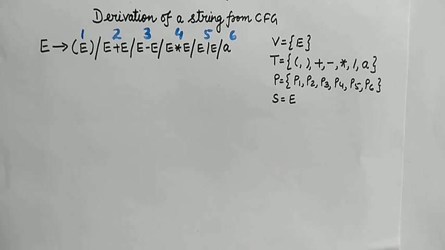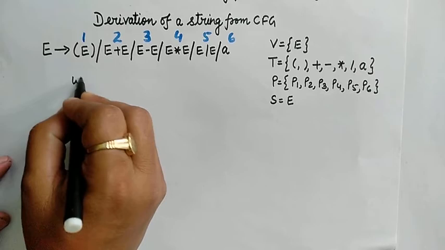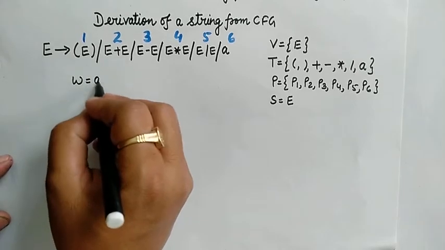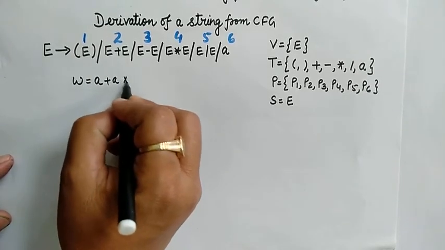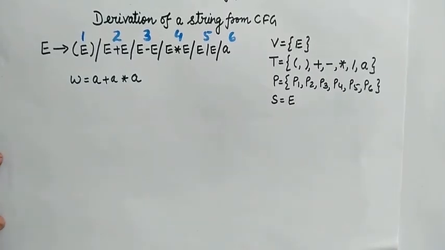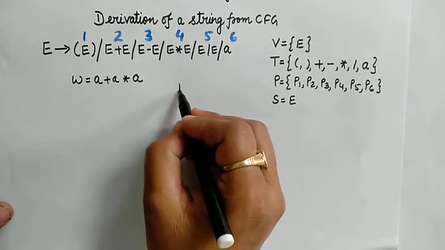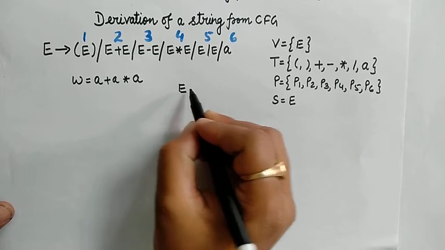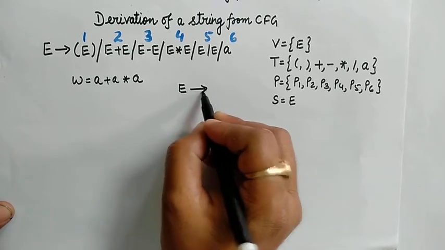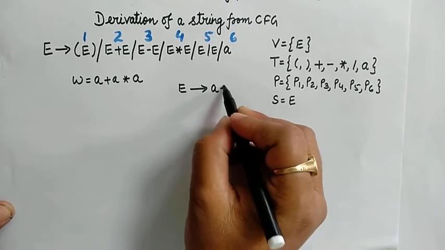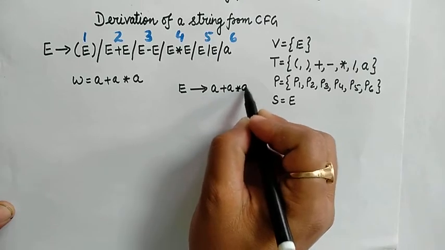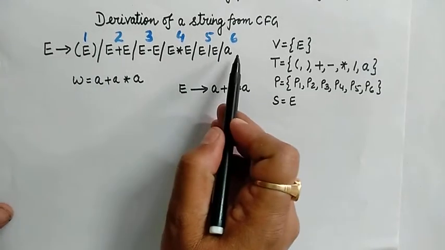Now suppose we want to derive a string, let's say w is equal to a plus a asterisk a. We want to derive this string from the given grammar. That means we have to start from the start variable E and reach this string by applying these production rules.